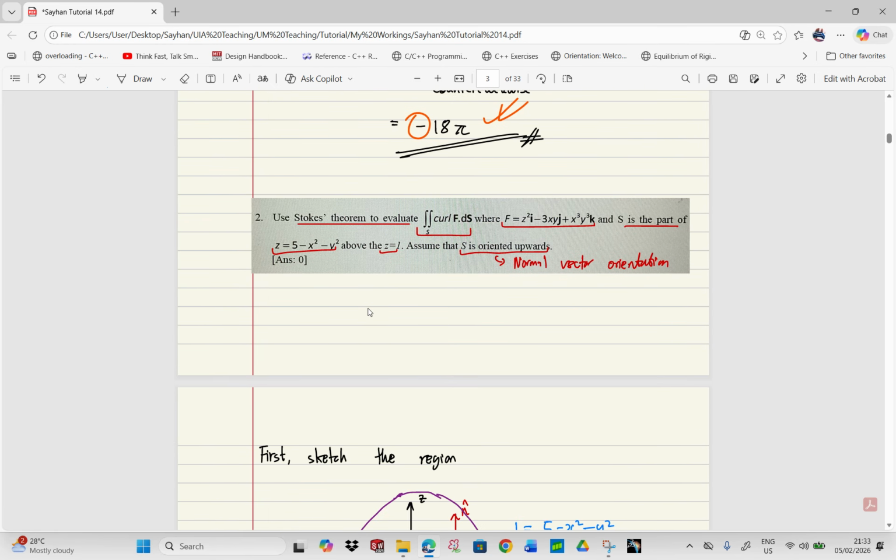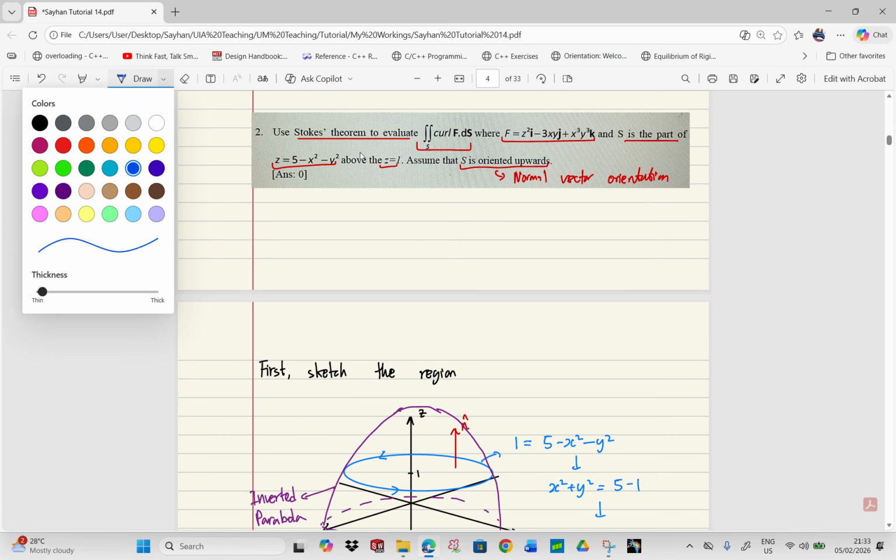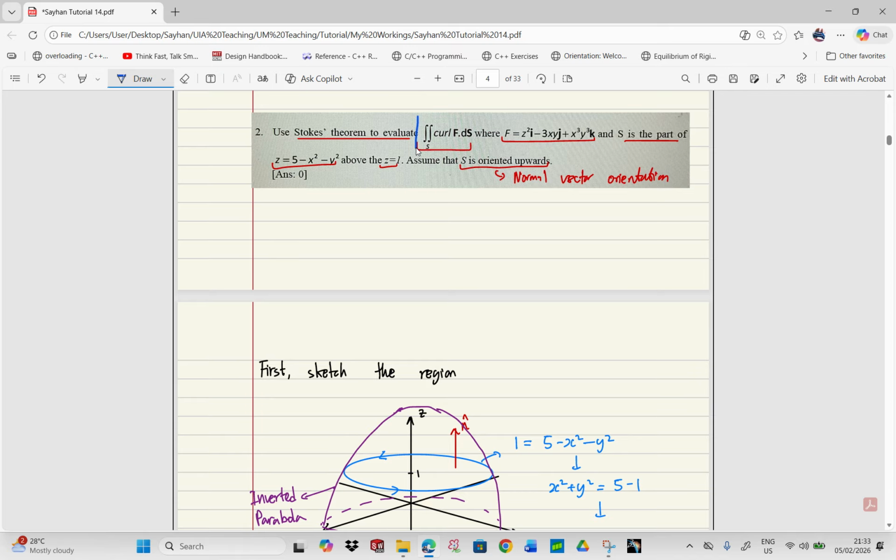Okay, going on to the second question. The second question asks us to use Stokes' theorem to evaluate the curl, where they have given us the force field also, and S is the part of this, if I'm not mistaken, a parabola equation, above z equals 1.